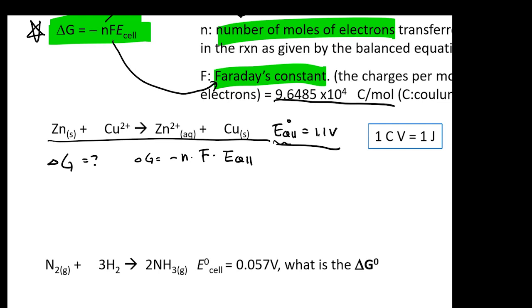I know my Ecell is 1.1, and Faraday is a constant. If I can figure out the number of electrons transferred in this balanced equation, I can calculate my delta G. So how many electrons are transferred in this equation?